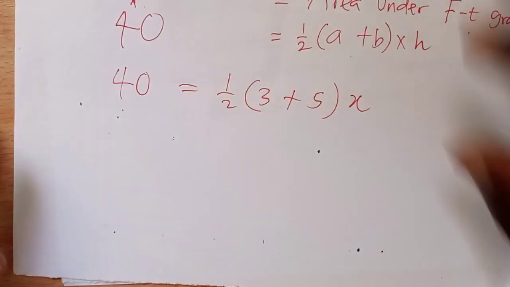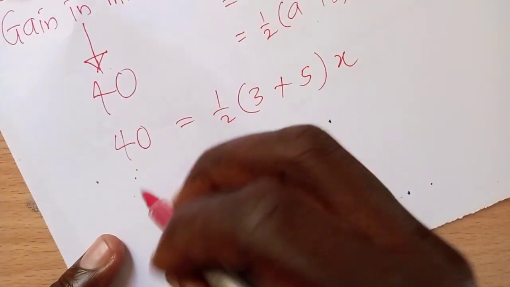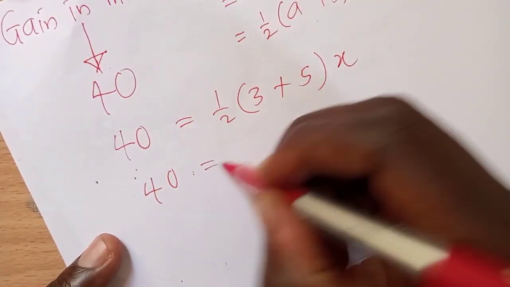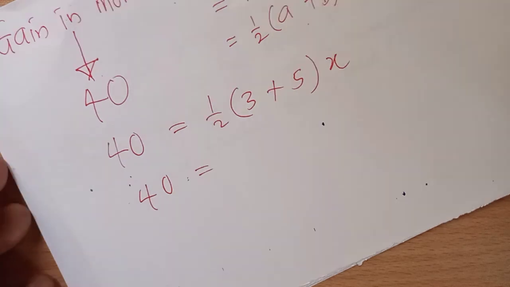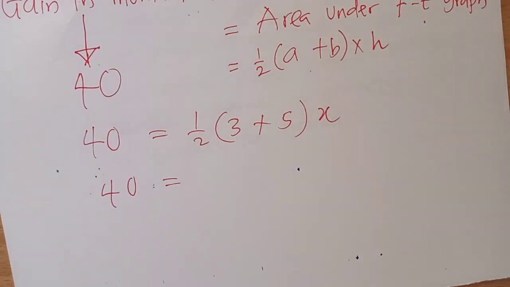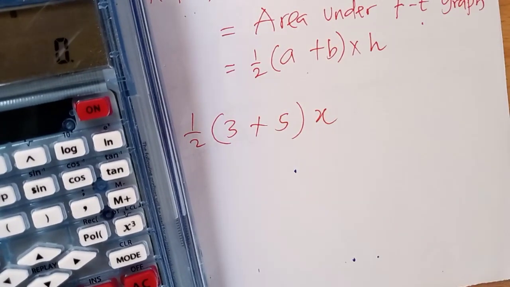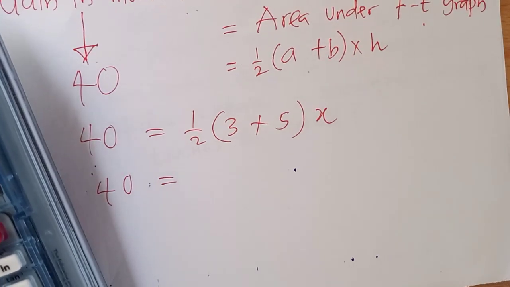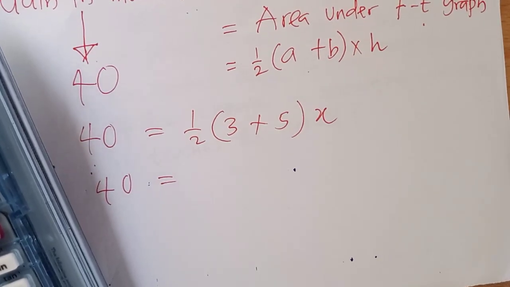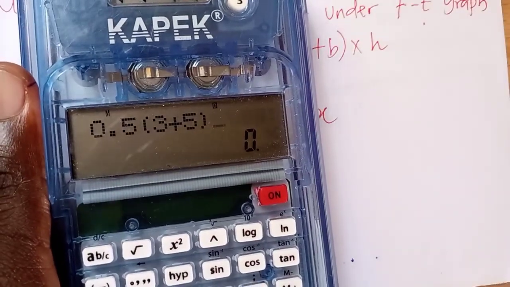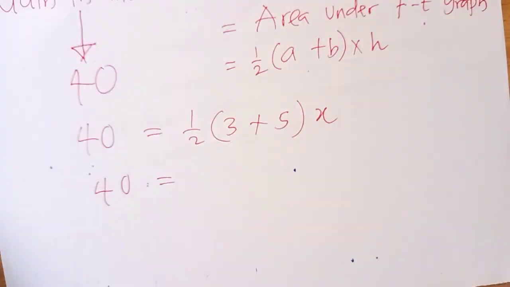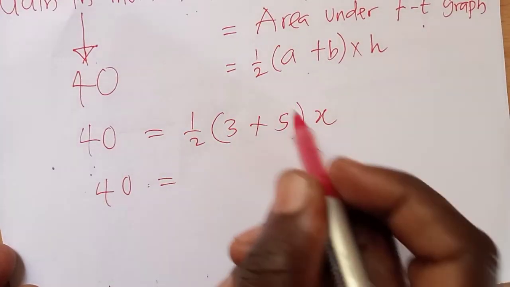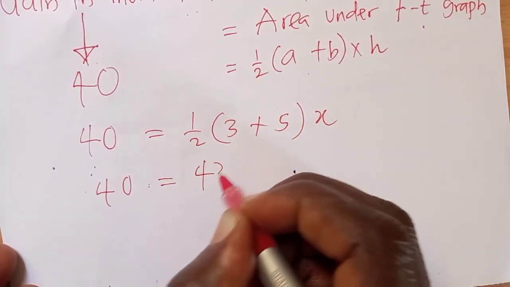Again, 40 here is equal to, how do I simplify this? I bring my calculator here. I will say 0.5, which is my half, so I open bracket and say 3 plus 5 close bracket. Then I press the equals sign. I have 4, so the whole of this is 4, and I have x, so this is 4x.